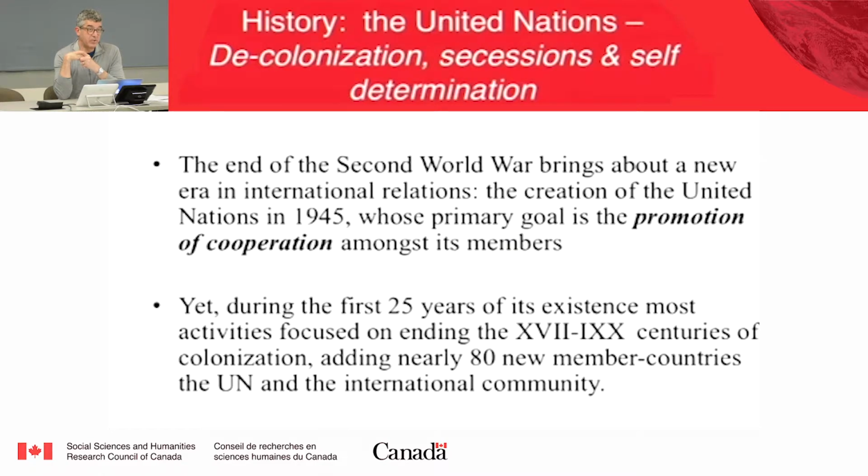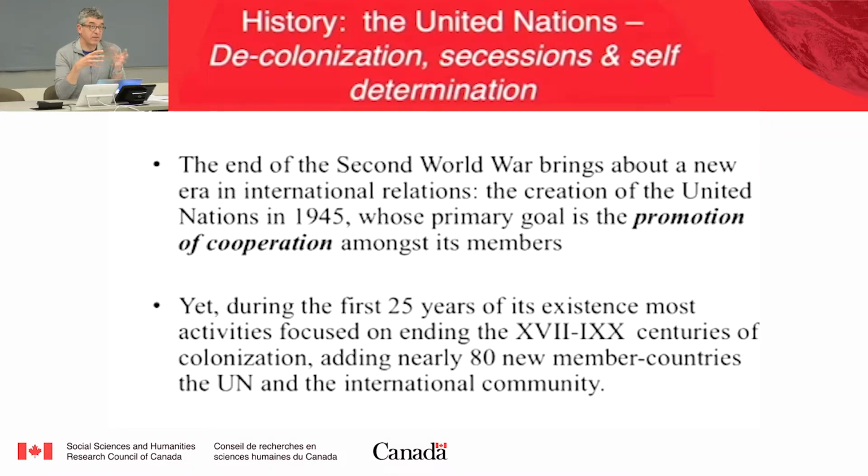So one of the starting points of the studies that we've done, in the Encyclopedia, we have cases that are obviously older than 1945, and I will discuss them. But here, one of the things that I think is interesting is that in the history of states, since Westphalia, you know, the 1600s, basically, the United Nations is the first international organization that has had a mandate to promote cooperation across the different empires and the different kingdoms that formed it.